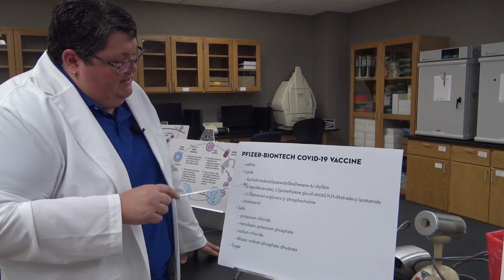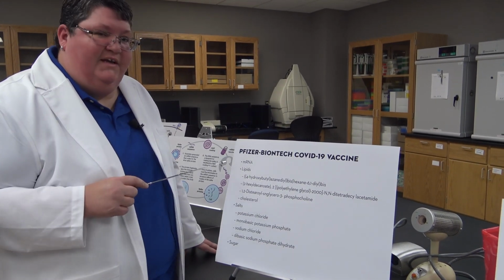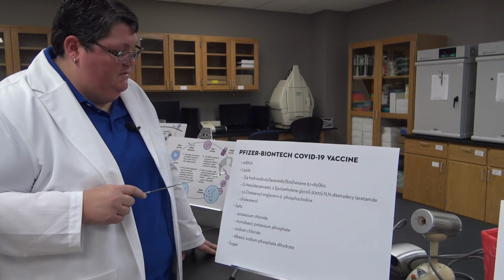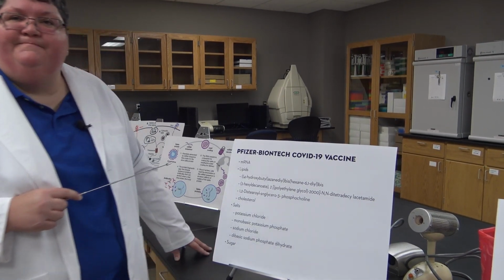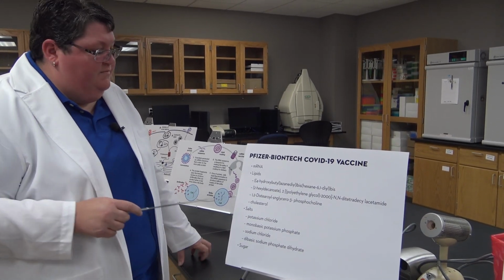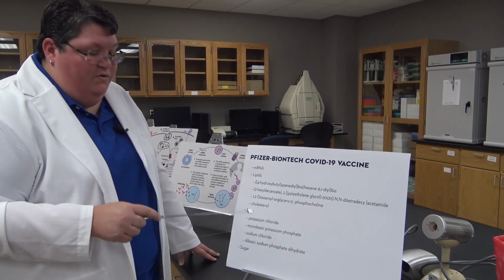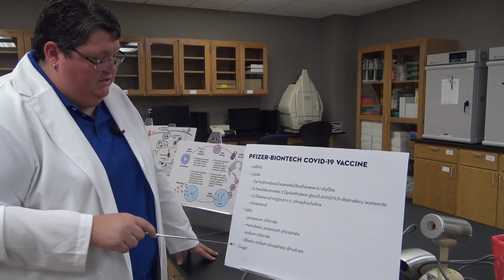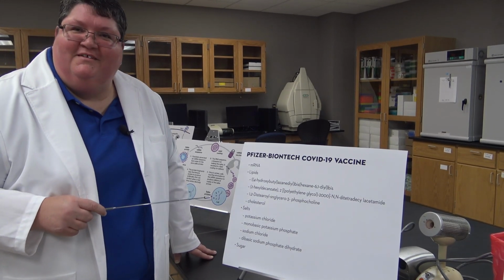And so these lipids are what shelter that messenger RNA into our cells. And then here's our other ingredients, salts and sugar. Commonly used salts in medical applications, food applications, and the sugar used is what you might put in your coffee every morning.